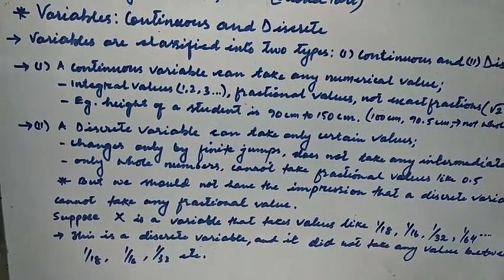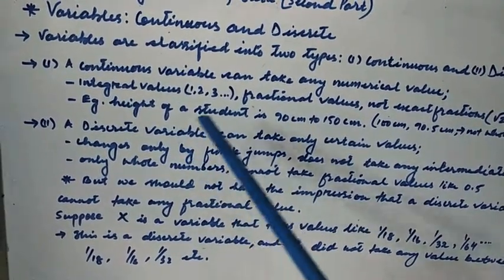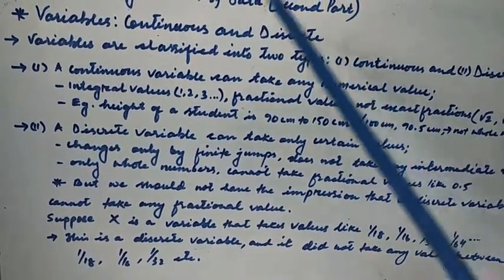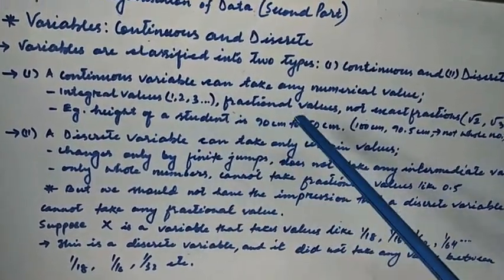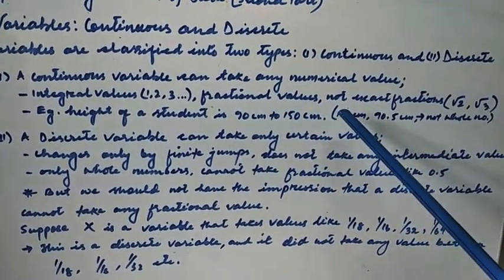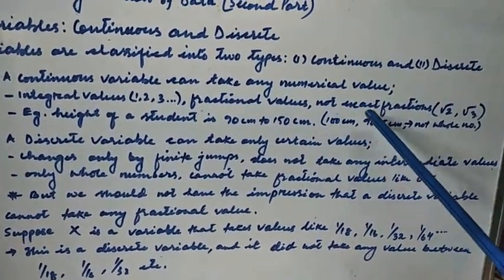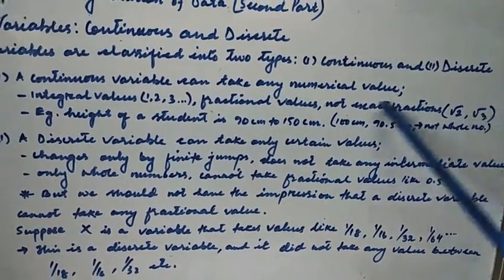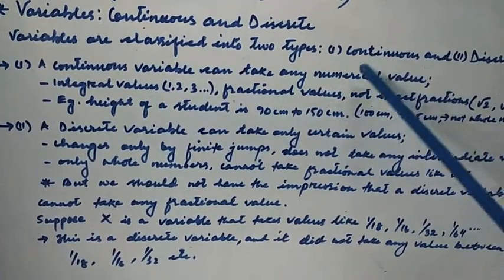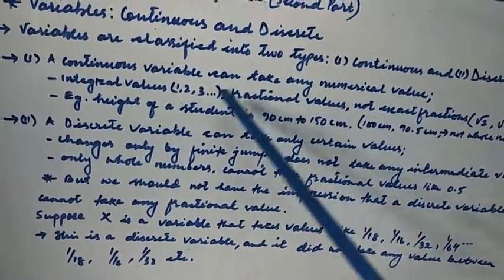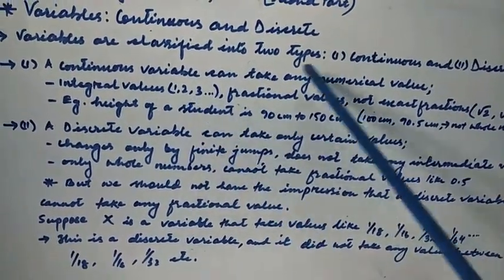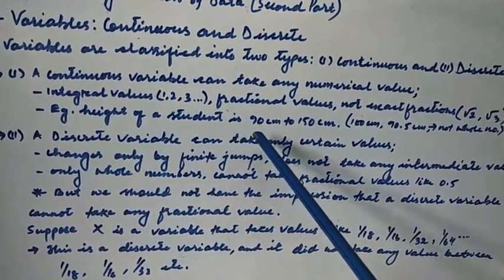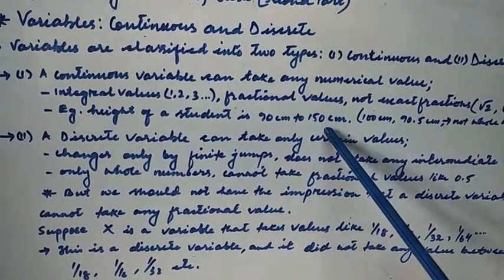So what is a continuous variable? A continuous variable can take any numerical value. It may be integral values, fractional values, and it may even be not exact fractions, as given here. It can take any fractional values or even integral values like 1, 2, 3. For example, the height of a student is 90 centimeters to 150 centimeters.